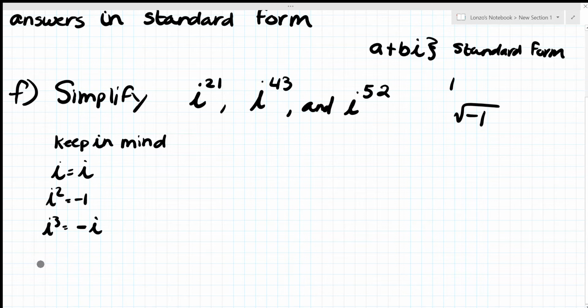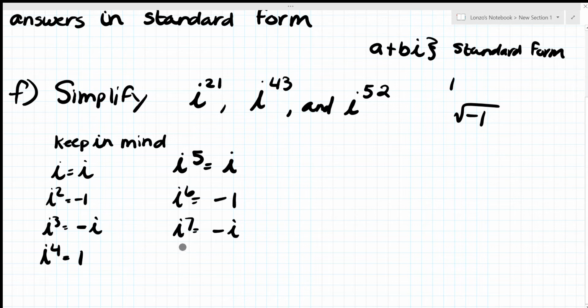And then i to the fourth is positive 1. i to the fifth equals i, i to the sixth is negative 1. i to the seventh is negative i. And then i to the eighth is positive 1.